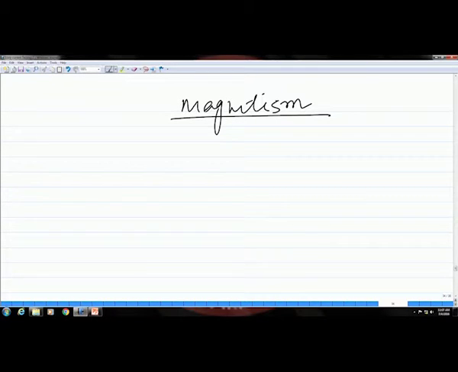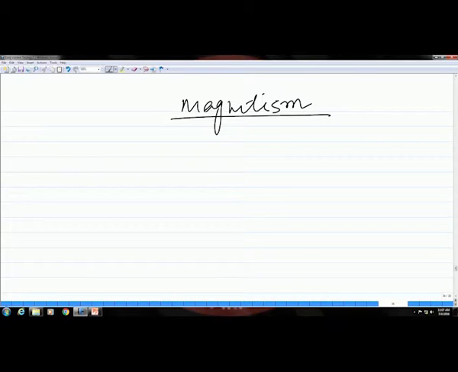So, now if you bring in the magnetism into picture, there will be some change in the eddy current response. That means, if you have a magnetic material, the eddy current response that you get from this kind of material will be different from the response that you get from non-magnetic materials.